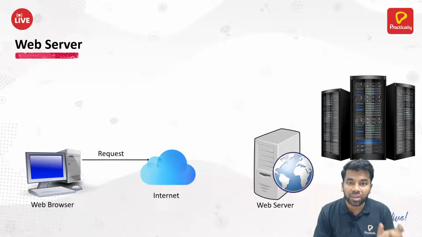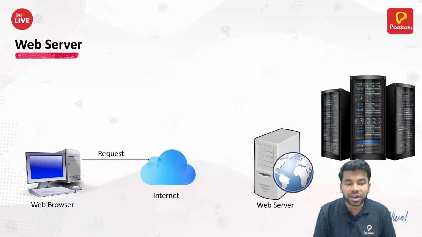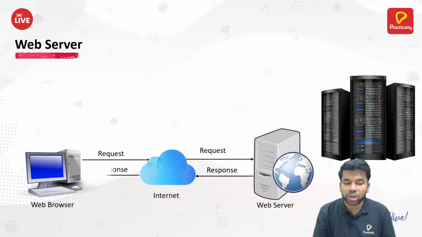That is called the request. Whenever I type something on Google, that is called a request. It is sent to the server, and the work of the server is to respond back to the web browser with the help of the internet, so that we can get the answer.